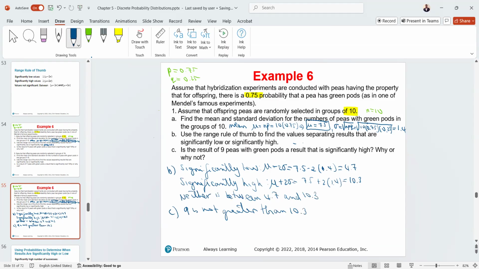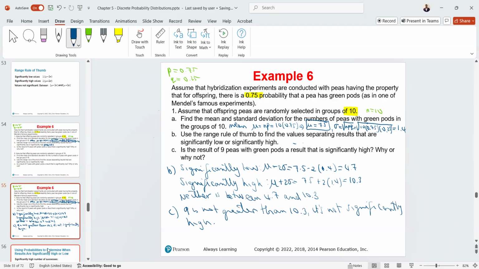So the result is not significantly high, because it's not greater than 10.3.